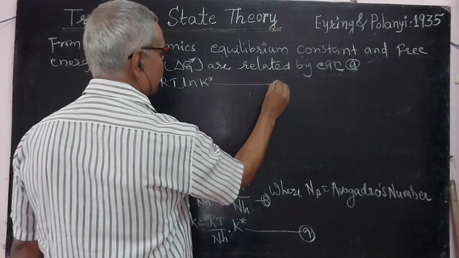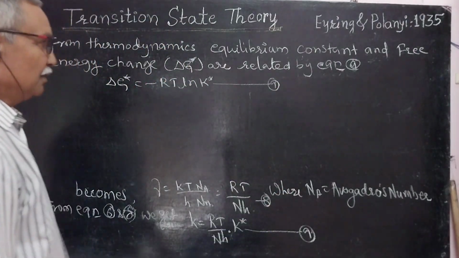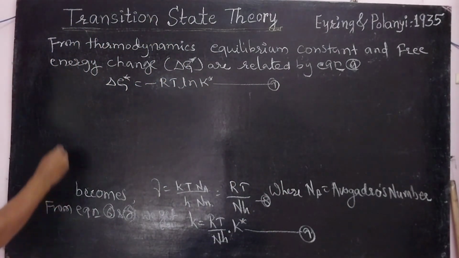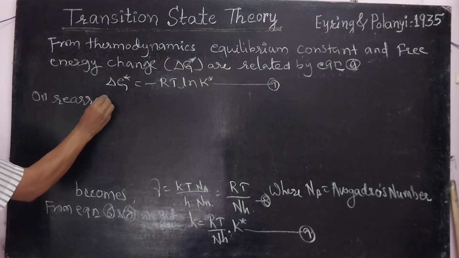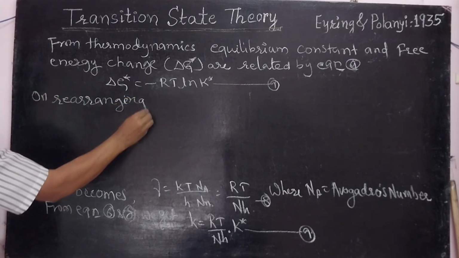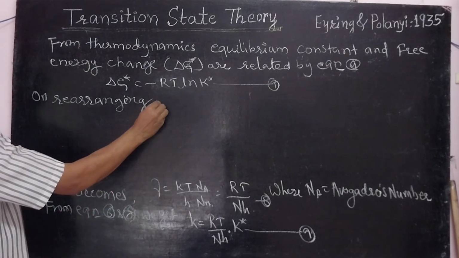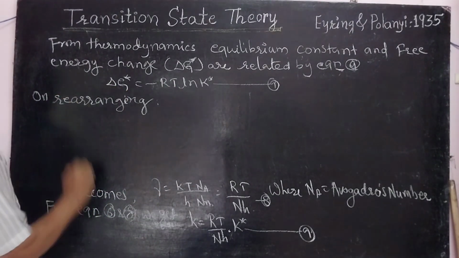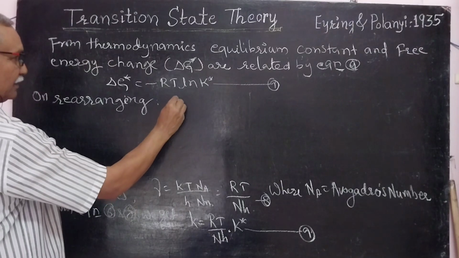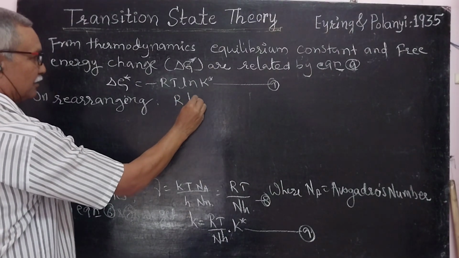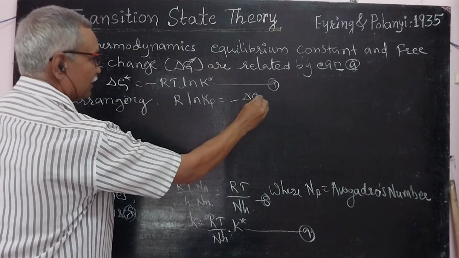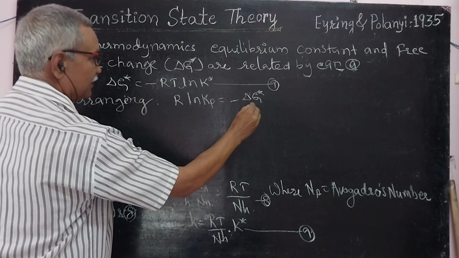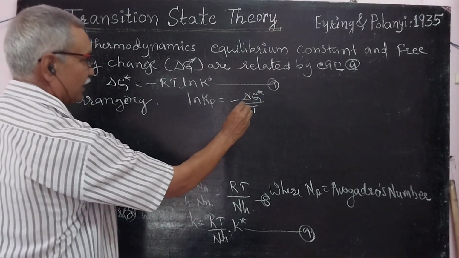On rearranging, dividing by T, R ln K star equal to minus delta G star divided by RT.